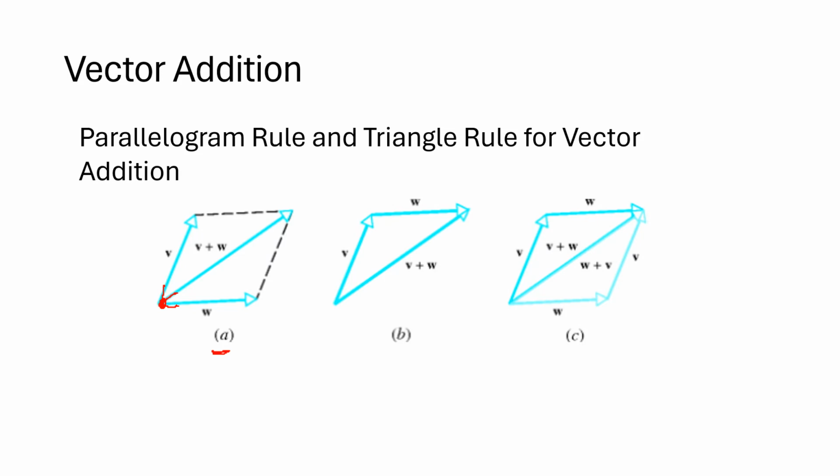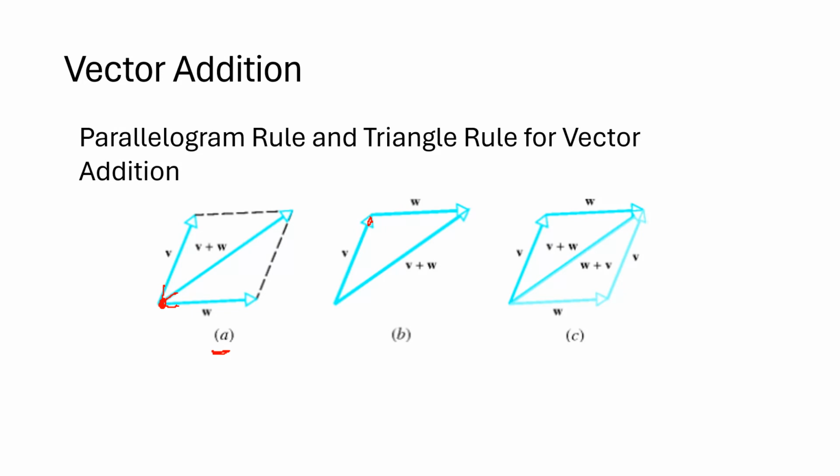Here, if vector v and vector w are vectors in two space or in three space that are positioned so that the initial point of vector w is at the terminal point of vector v, so in this case we are just going to place vector w at the top of vector v, then the sum, vector v plus vector w, is represented by the arrow from the initial point of v to the terminal point of w.